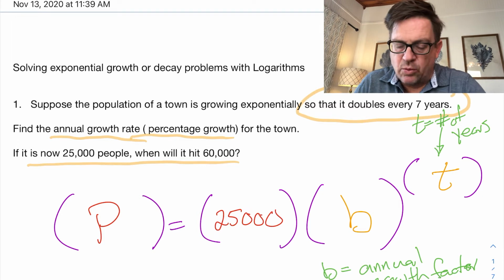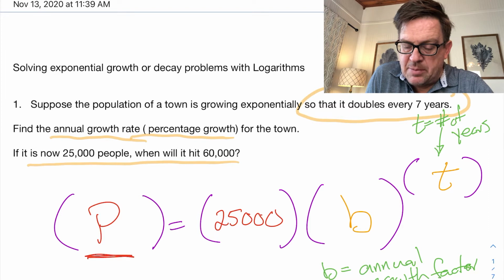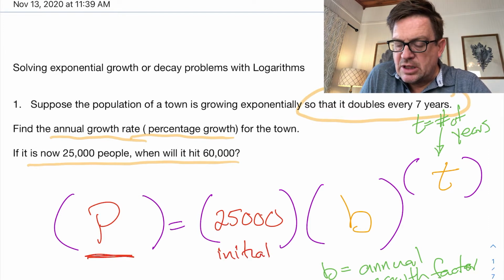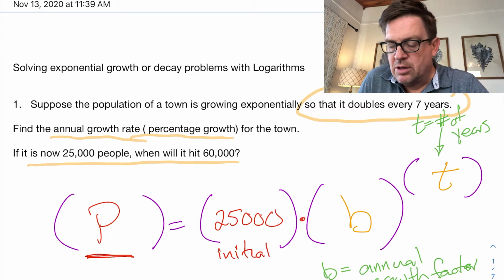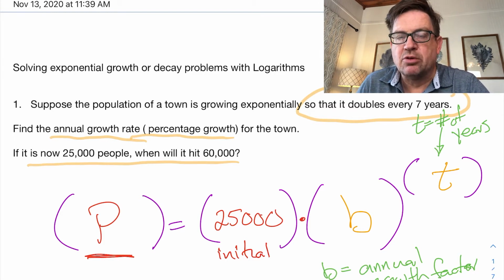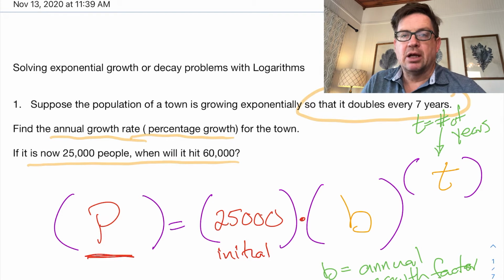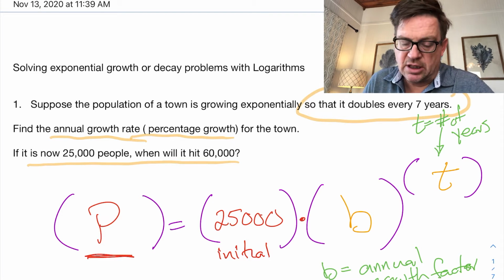Well, we've talked about how we have an exponential growth equation where the new population is equal to the initial population times some growth factor, and we'll call that b in this case, raised to an exponent, the number of years. So each year you multiply by b times b times b times b, t times, so that's b to the t.